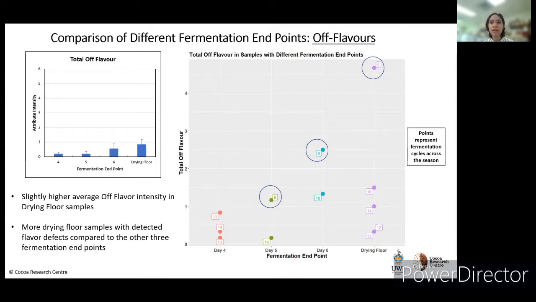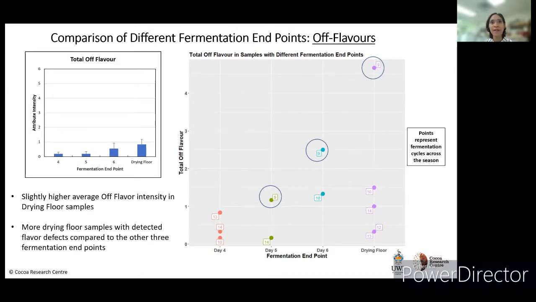So if you look in particular at the points I have circled here in blue, you'll notice that they are the 9th fermentation batch. And I would have mentioned this earlier when talking about fresh fruits, but this fermentation batch had the smallest mass of the crop year, and the fermentation progressed much quicker than the other larger masses, leading to some over-fermentation and their associated off flavors.